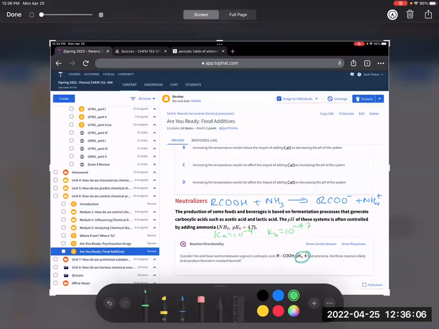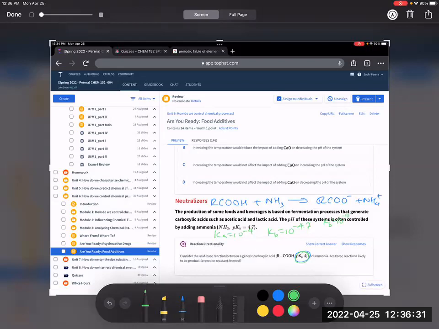For the conjugate base of the acid, the pKb should be 14 minus 4, which is 10. So the Kb for RCOO minus should be 10 to the power of minus 10.